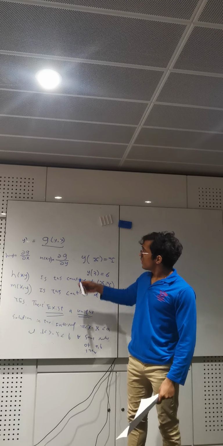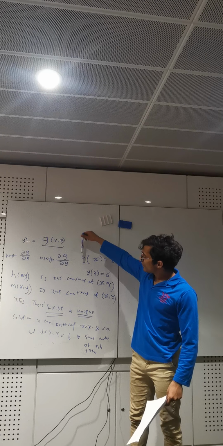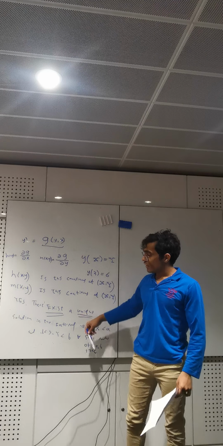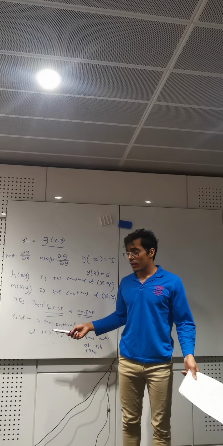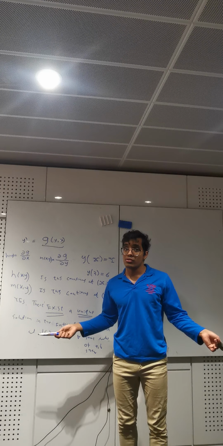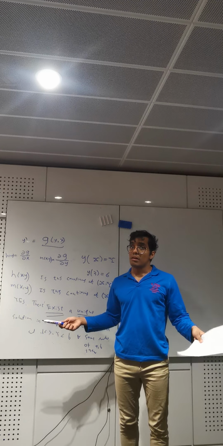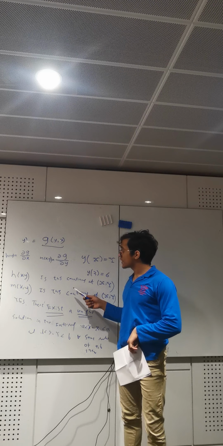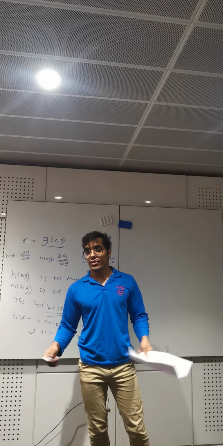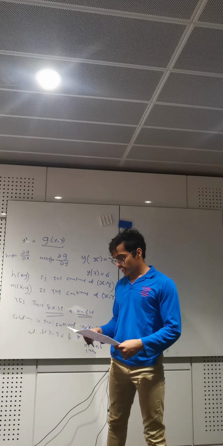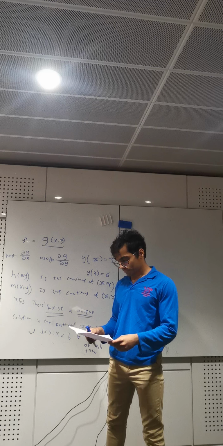Also notice that this theorem works like this: it tells you that if those things are satisfied, then there exists a unique solution. But if those things are not satisfied, it doesn't tell you anything about the existence and uniqueness.